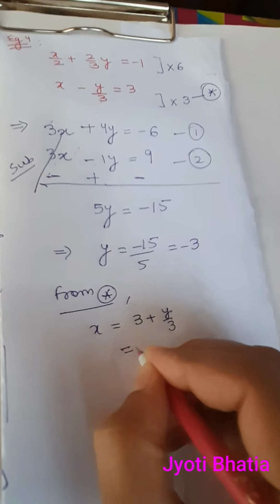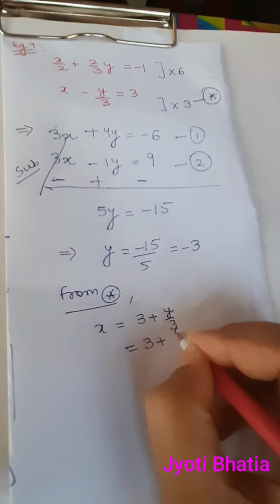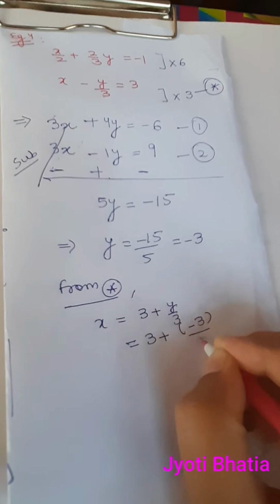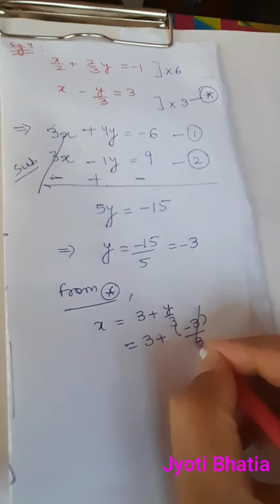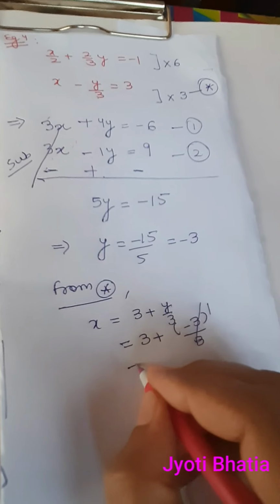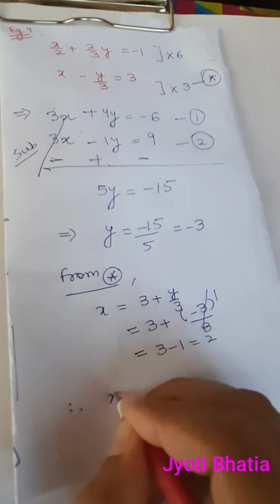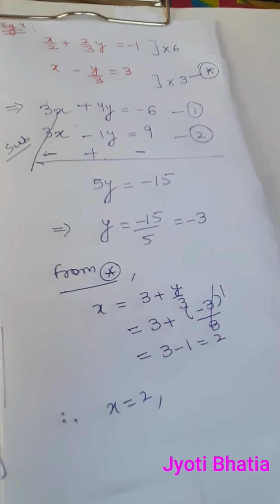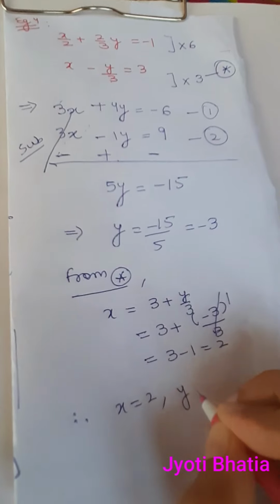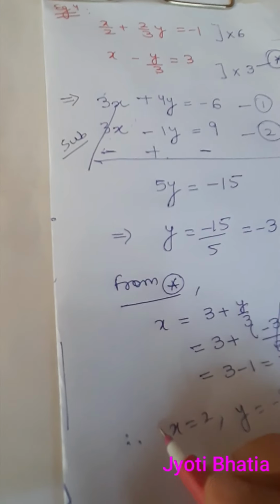Okay beta. So this is 3 plus value of y is minus 3 upon 3. Solving it, it will be minus 1. So 3 minus 1 is 2. So you have your answer as x equals 2 and y equals minus 3. Alright.